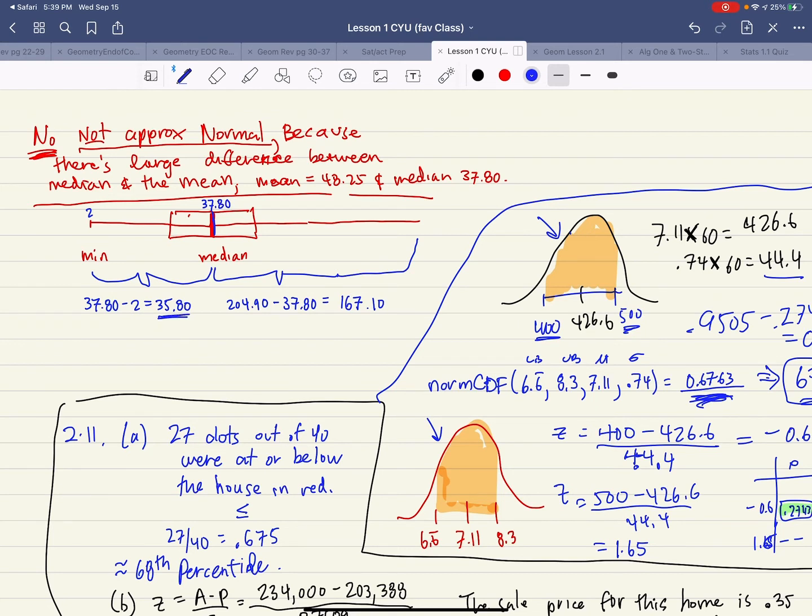This is 35. This is 167. If I divide those two numbers, 35, that's 5. So my picture is really off. In fact, the way these numbers are, this side is 5 times longer.